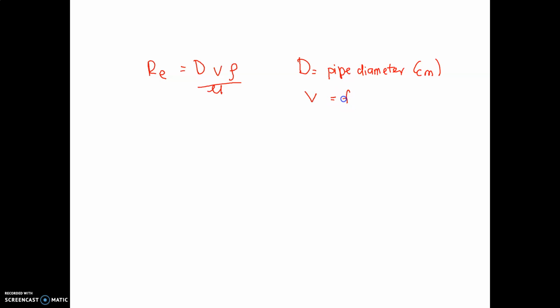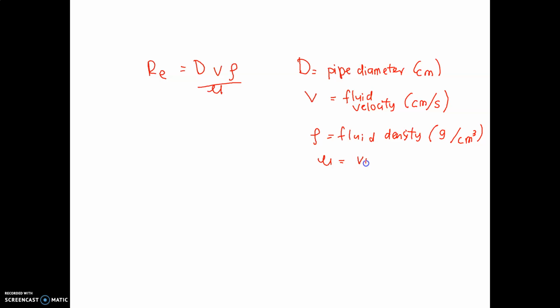V is fluid velocity, and the unit is cm over second. Rho is fluid density, and the unit is gram over cubic centimeter, while mu is viscosity, and the unit is gram per cm second.